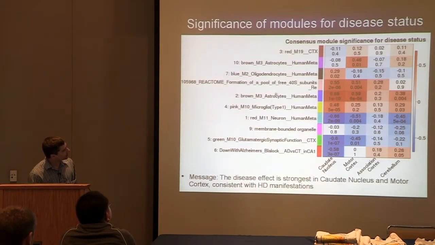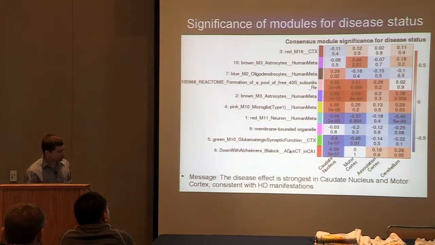Astrocytes, microglia, oligodendrocytes. The blue modules, the ones that are downregulated, or their expression is down in Huntington's disease patients, are neuron, this is a synaptic function, which is also related to neurons, down with Alzheimer's disease, that also probably corresponds to neurons.